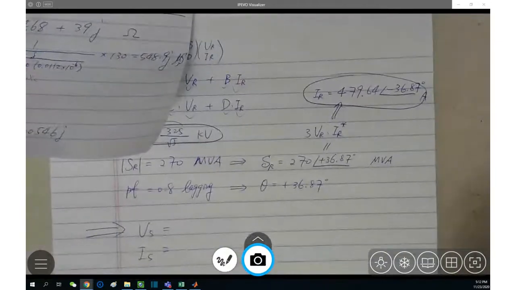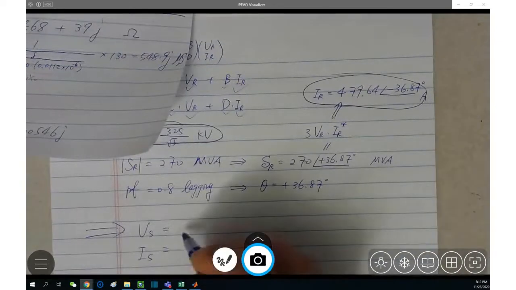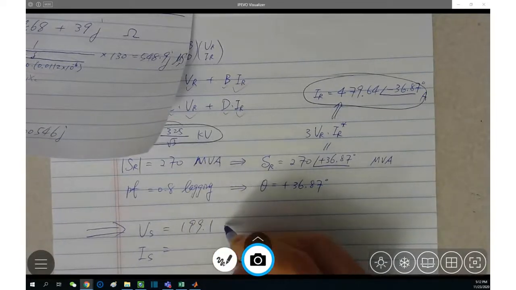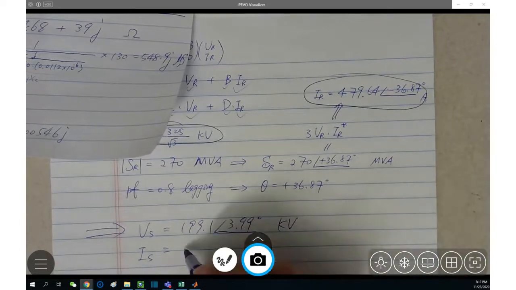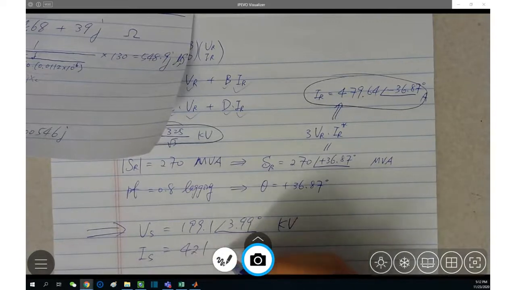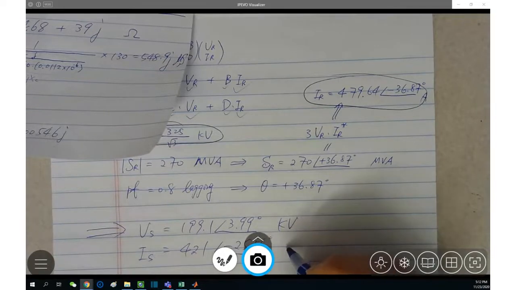VS equals 199.1 angle of 3.99 degrees kilovolts. Current is 421 angle of negative 25.56 degrees amperes.